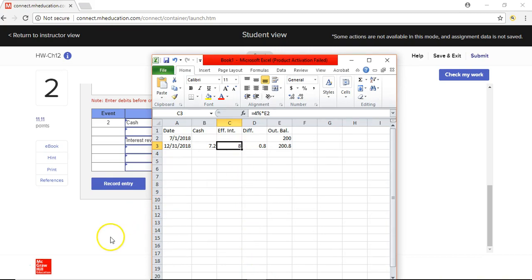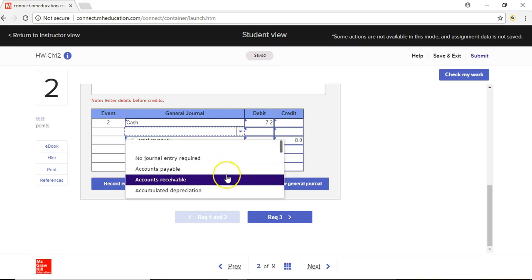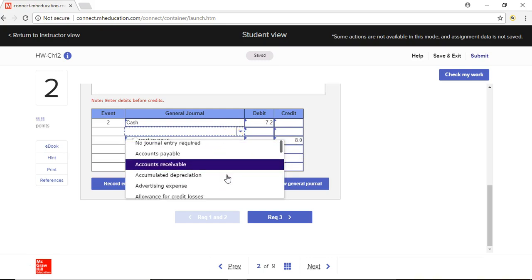Based on the table, we have $8 million. The difference is $0.8 million on the debit side, and that is the amortized discount.